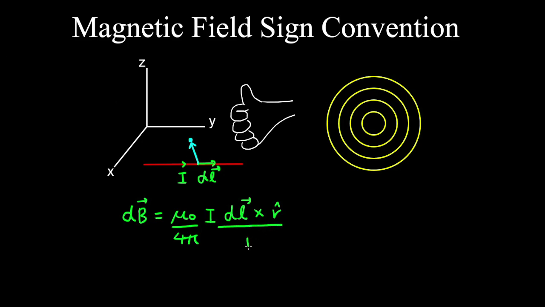So that's divided by r squared, being the squared distance from the differential charge to the point where we're determining the magnetic field.